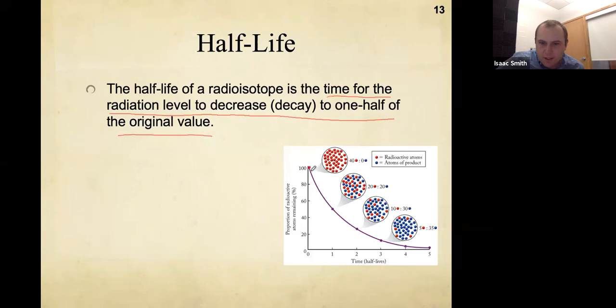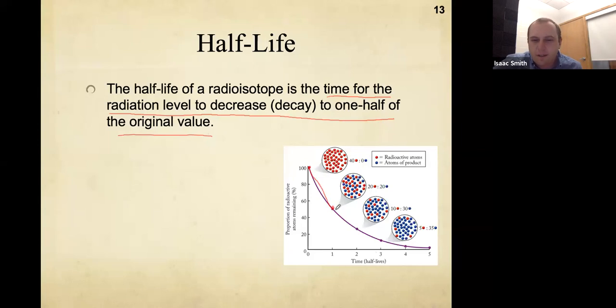Okay, and after about 1 half-life, these units are just half-lives. So after 1 half-life, you'd be 20/20, right? 20 of these 40 would turn into 20 atoms of product. So you lose about half of it.